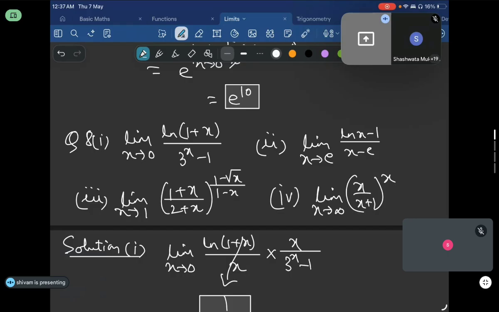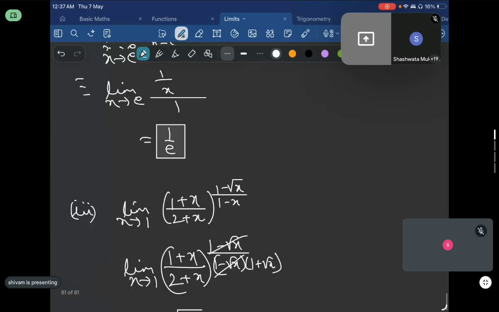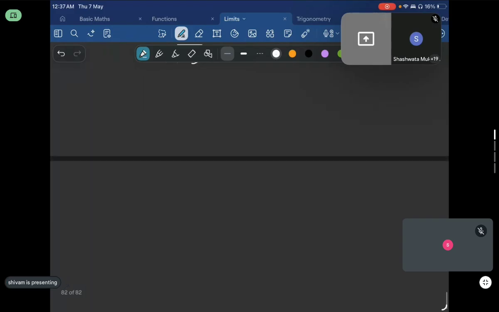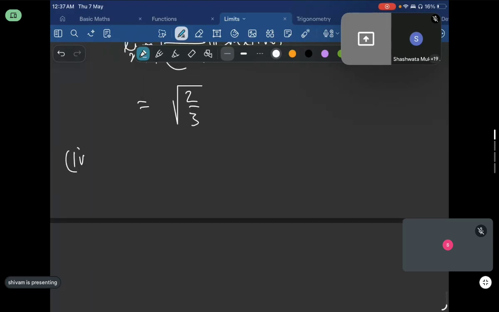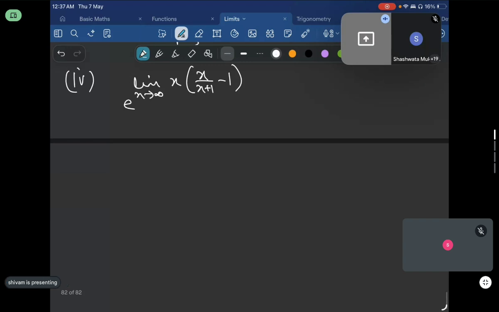Okay, let us start. So it is 1 to the power infinity form. So part 4. It will become e to the power limit x tends to infinity x into x by x plus 1 minus 1.